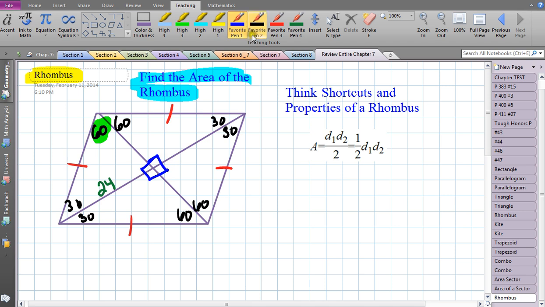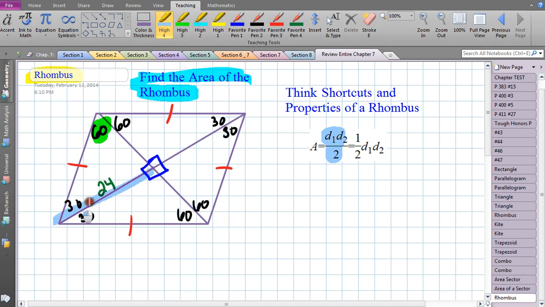So in order to find the area of the rhombus, we have to use this formula: diagonal 1 times diagonal 2 divided by 2. So it comes down to knowing the length of this diagonal and the length of this diagonal in here. Those diagonals are made of the 30-60-90 triangles.